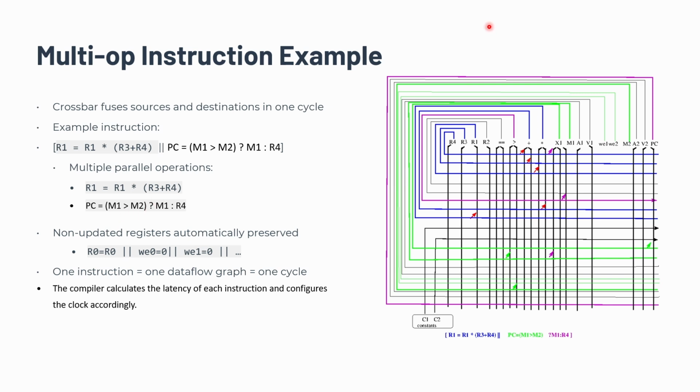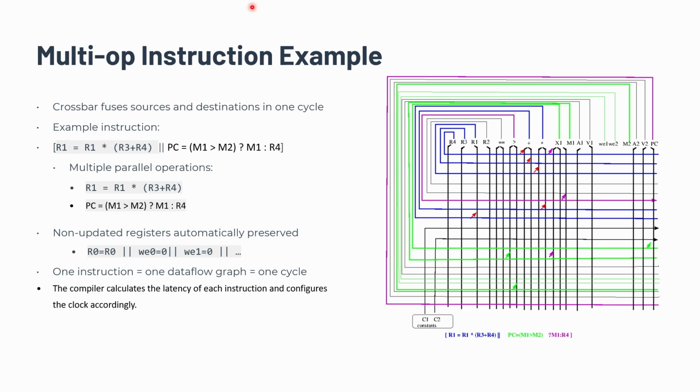The instruction configures the tri-state signals, such as the red arrows in the example, to perform the operation R1 equals R1 multiplied by the sum of R3 and R4.